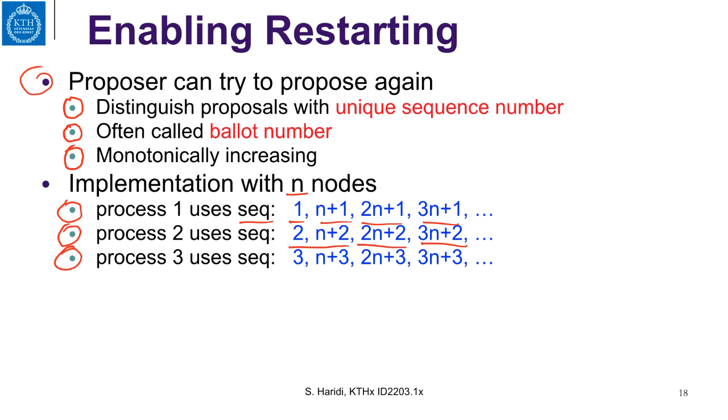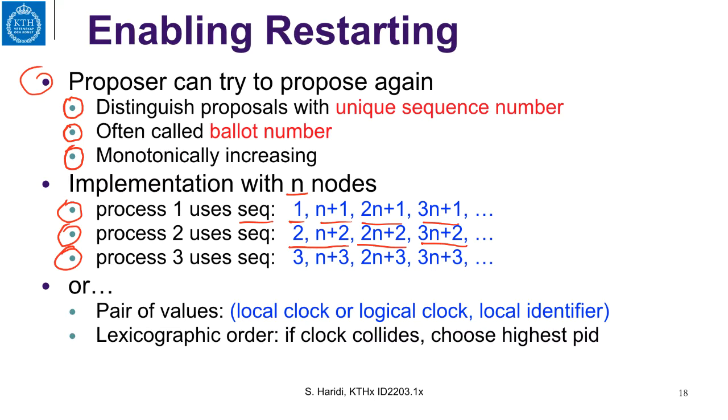Another way, of course, is to have proposal numbers as a pair: a local clock, which is monotonically increasing, or a logical clock, plus a local process identifier. And you use lexicographic order if they collide. So if the clocks collide, choose the one with the highest process identifier. So that is a possible way to create unique proposals.